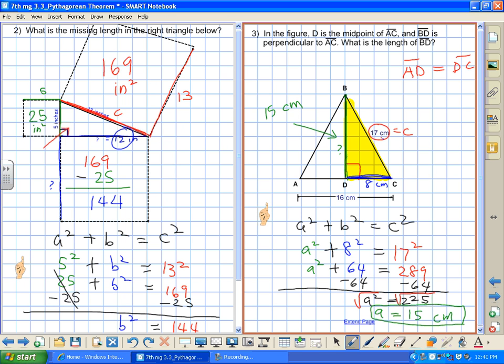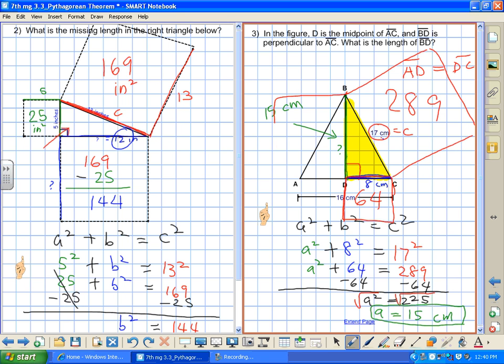All right? Questions on this? Once again, you would have been able to see the relationship if I had extended this out. This would have been 8 times 8, which is 64. This here would have been 17 times 17, which is 289.